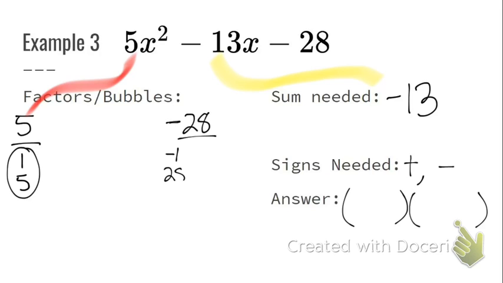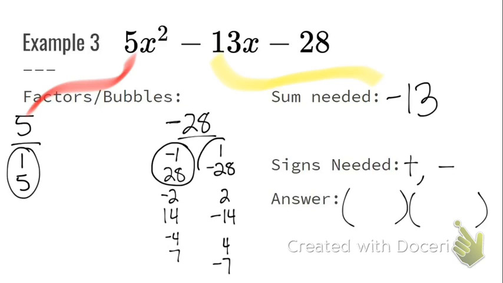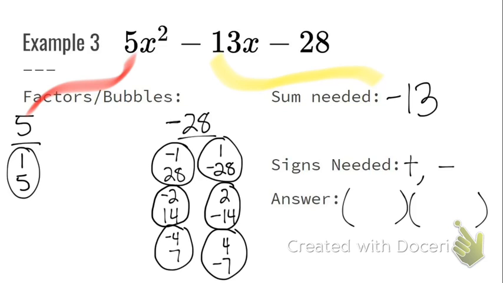So one positive number, one negative number, or you could flip where the negative sign is. -4 and 7. Okay, so we've got all these possibilities that we have to try for our second bubble. So I'm going to pause it here and let you think about which one we need, and when we come back we'll have the answer all filled in.